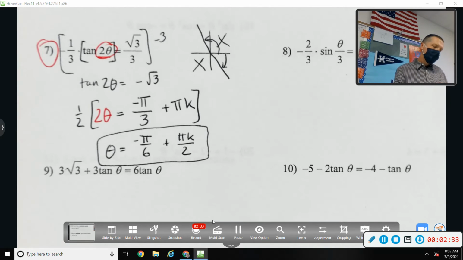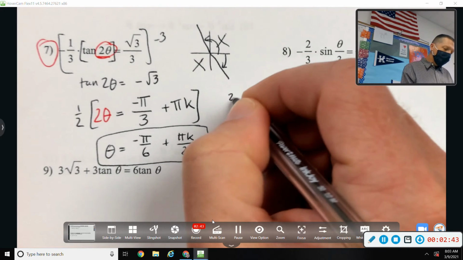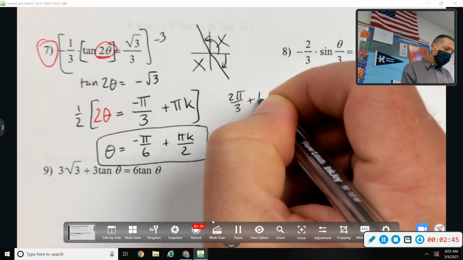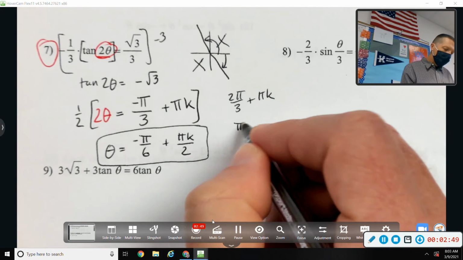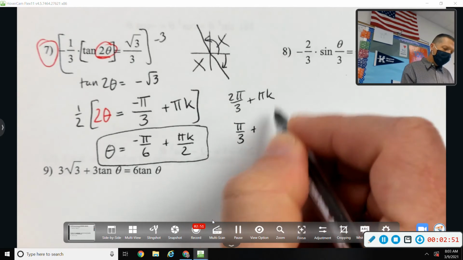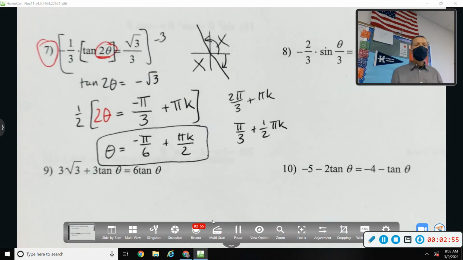Yes? Can you also correct if we put like 1/2 pi k? Sure. Yep. And so my key is going to have a lot of different answers on it, because if I had started with 2 pi over 3 plus pi k, then my answer would be pi over 3 plus, and then I could write it like you said, 1/2 pi k. That would be an okay answer as well.